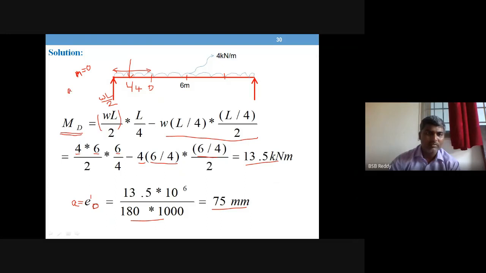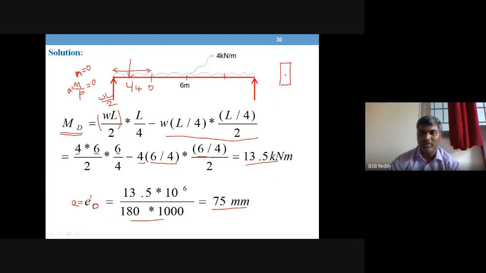So A is equal to M by P, which is equal to 0. M is 0, A is also 0, which means at the support section, the compression line is at the center of the section itself.